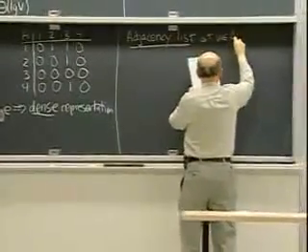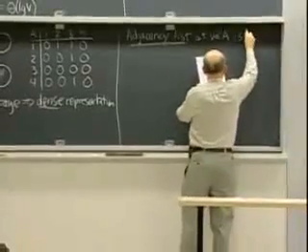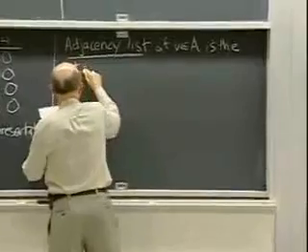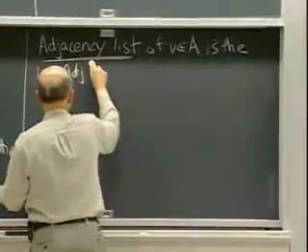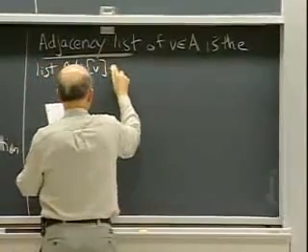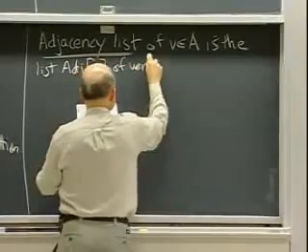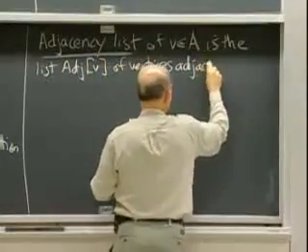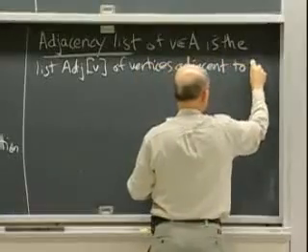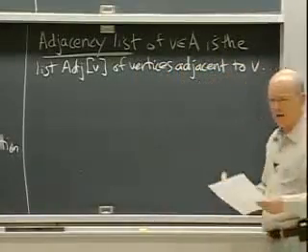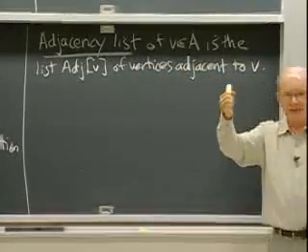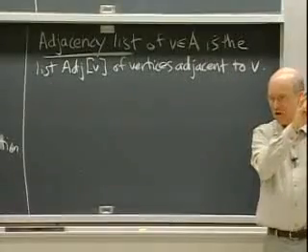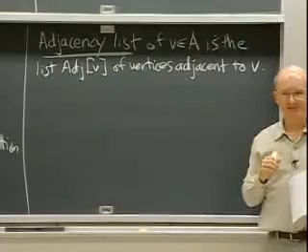The adjacency list of a given vertex is the list, which we denote by Adj of V, of vertices adjacent to V. Just in terms of terminology, vertices are adjacent, but edges are incident on vertices.